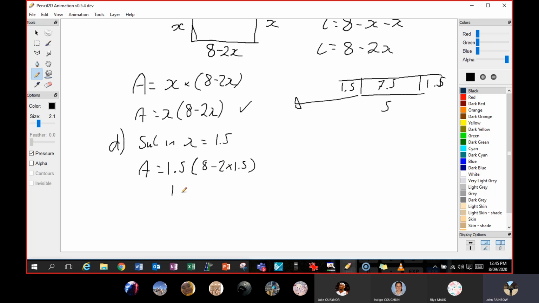We already did this, 8 minus 2 lots of 1.5 to get 5. So it's going to be 8 minus 3, and that gives us 5. 1.5 times 5 equals 7.5 square meters. So there we go.